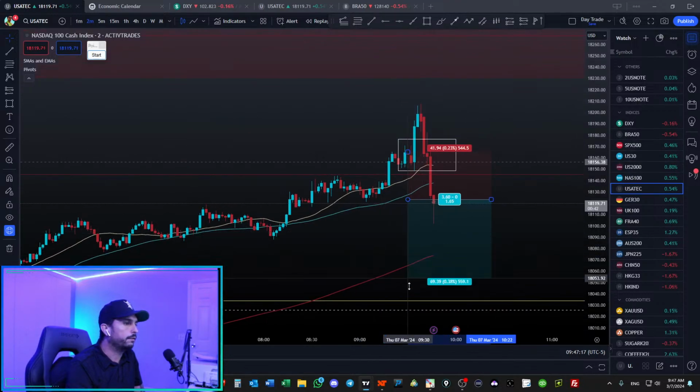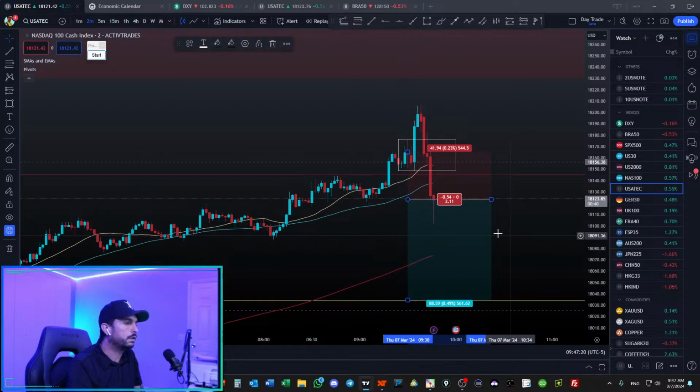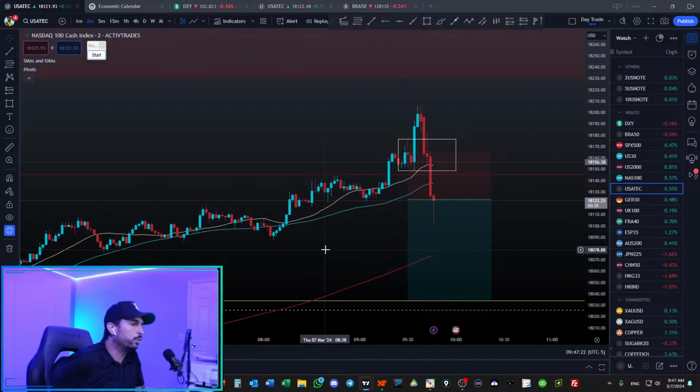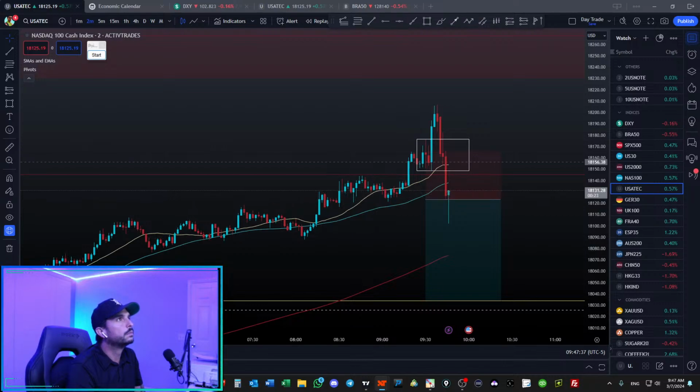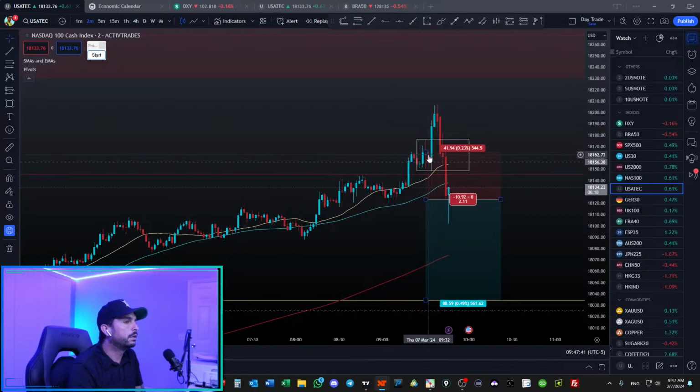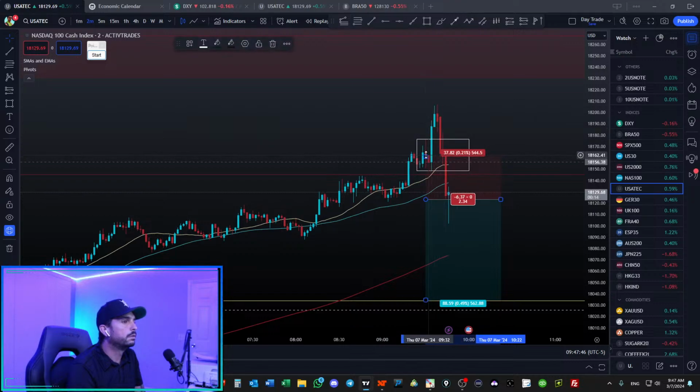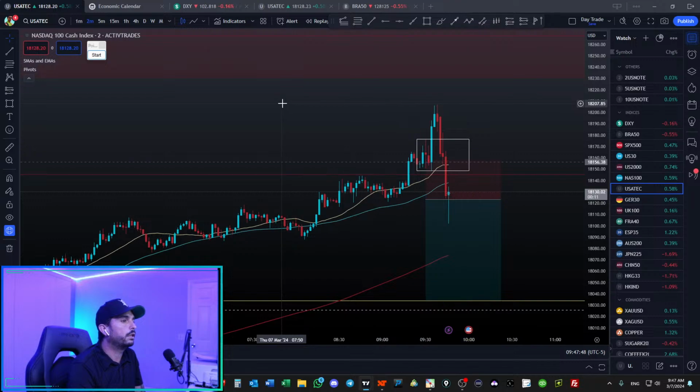And I'm looking for this pivot point as a 2-to-1. The candle is pretty big, so my stop is gonna go just like right there.